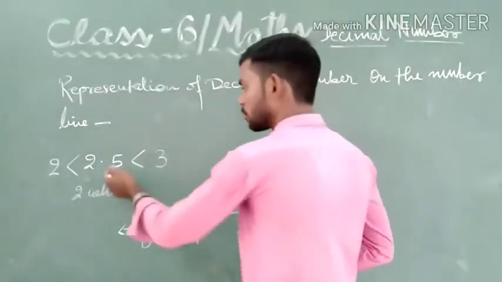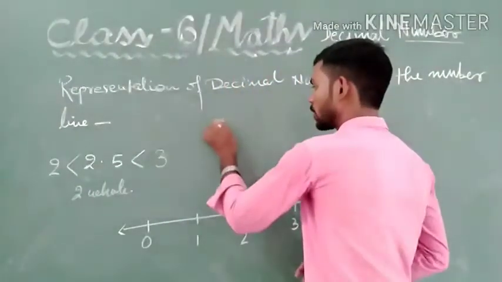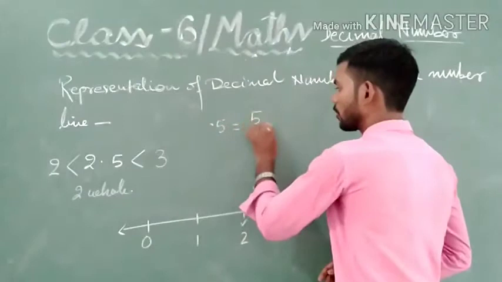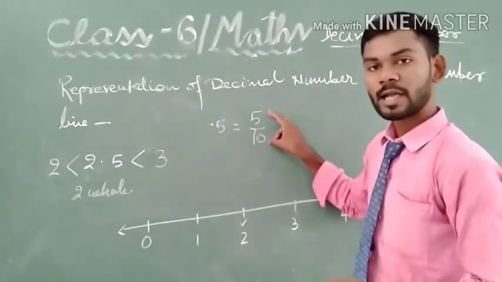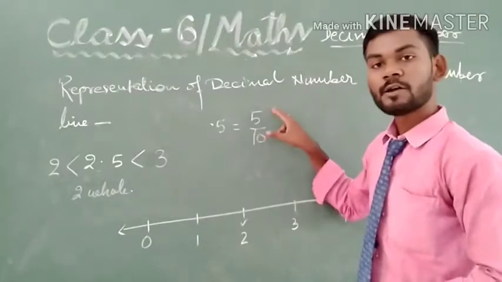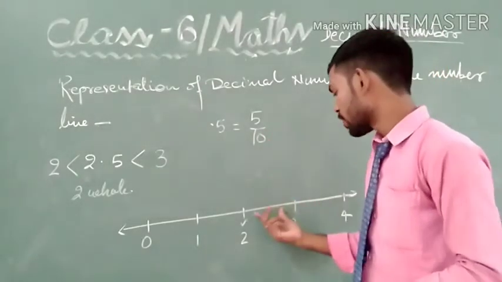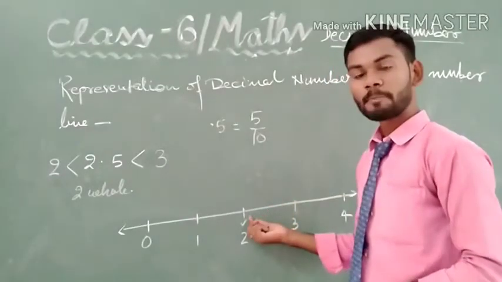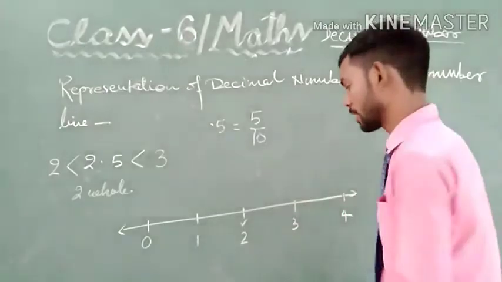But there is also 0.5. What is the meaning of 0.5? It is 5 upon 10, which means we have taken 5 parts out of 10. So first of all we shall divide the part between 2 and 3 into 10 equal parts.